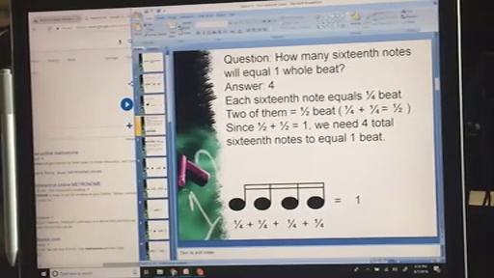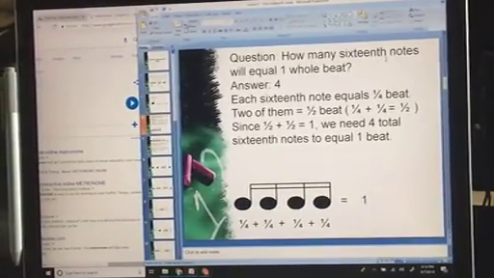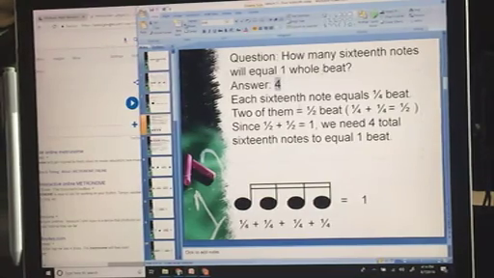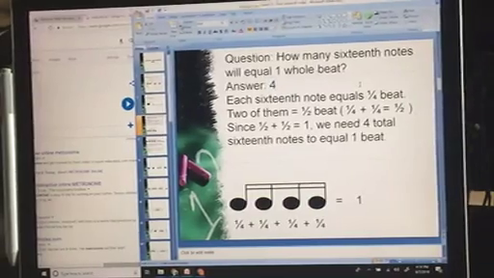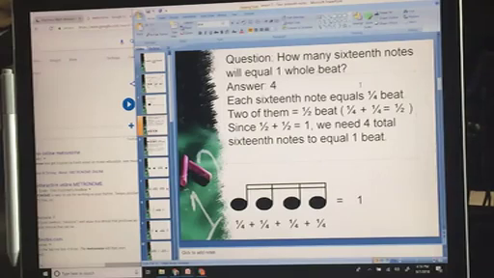But before we learn how to clap them, question: how many 16th notes will equal 1 beat? The answer is 4. Now, in order for you to understand the answer, you'll have to know how to add fractions. If you're not good at adding fractions, you'll never get this. And that's why you need to talk with your math teacher so that you can get some reinforcement on how to add fractions.